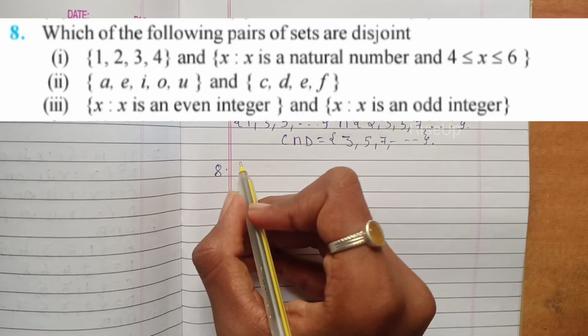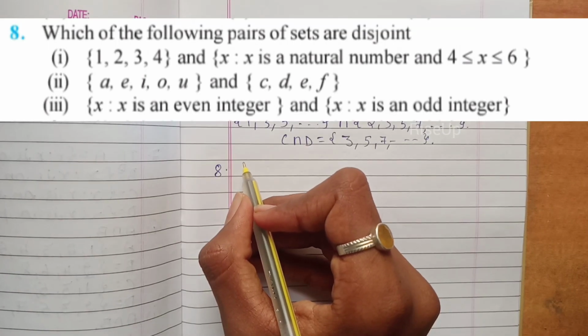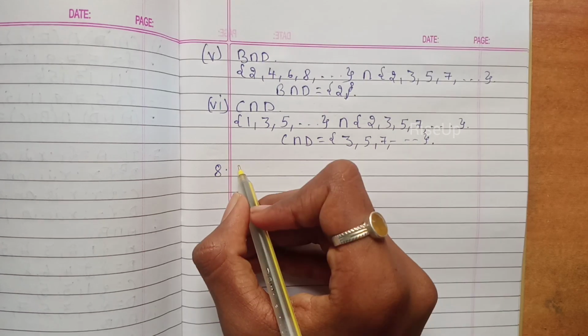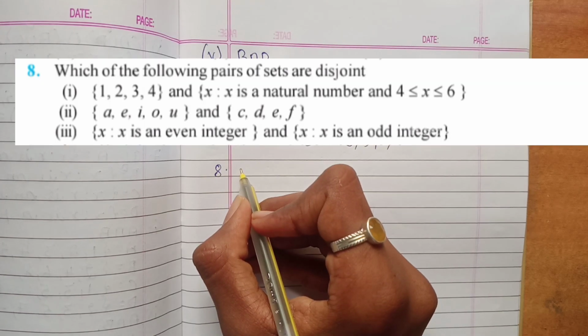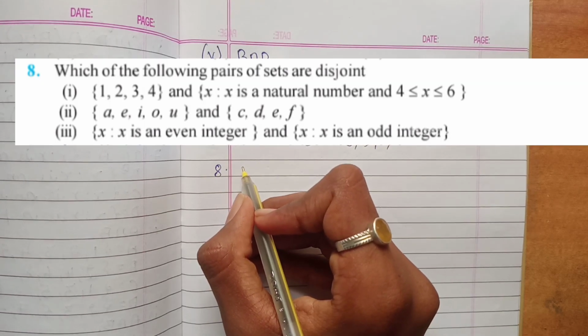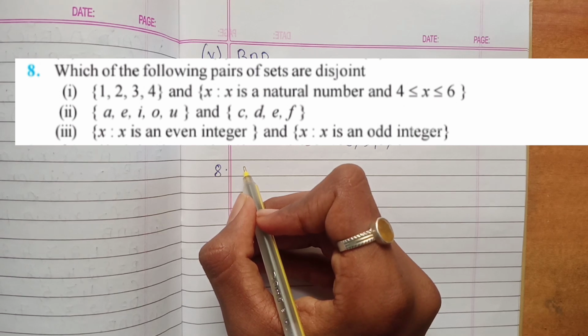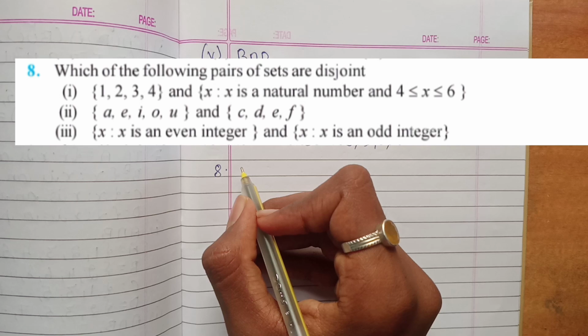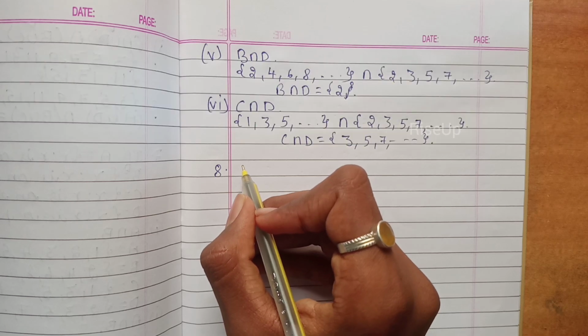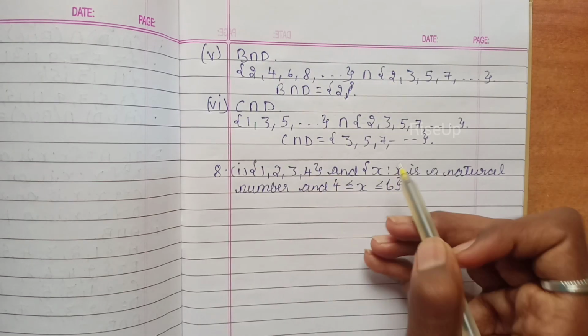8th question. Which of the following pairs of sets are disjoint? First sub question. {1, 2, 3, 4} and {x : x is a natural number and 4 ≤ x ≤ 6}. Okay, two sets are given.